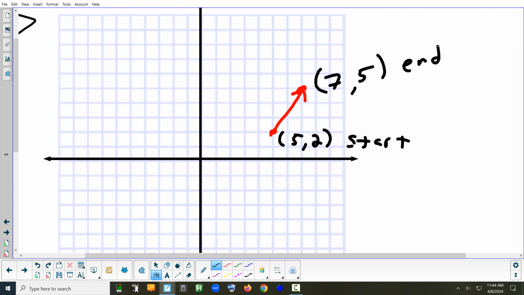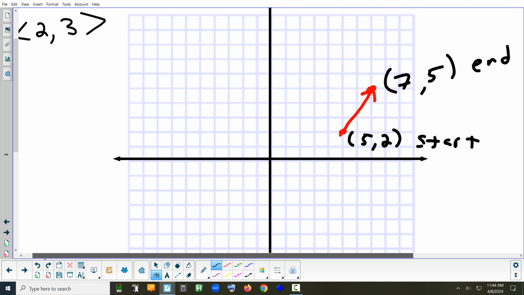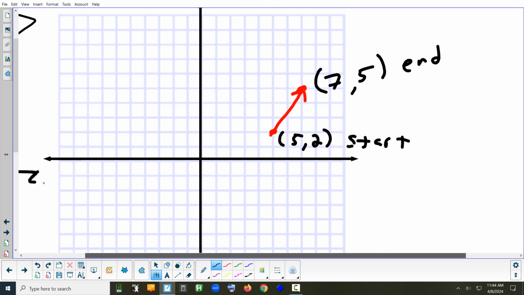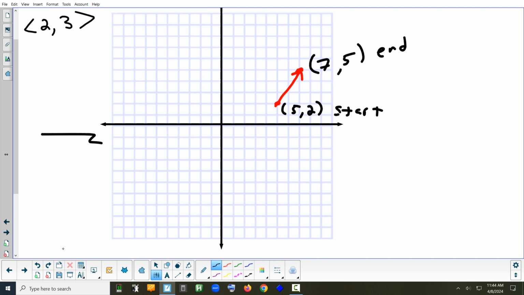And that's where it ends. Somehow, if I take the start and the stop point and combine them together, I can get the vector 2, 3. Does anyone have a guess how we could combine those start and stop points together and turn it into the vector 2, 3?